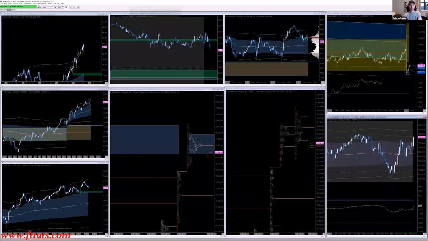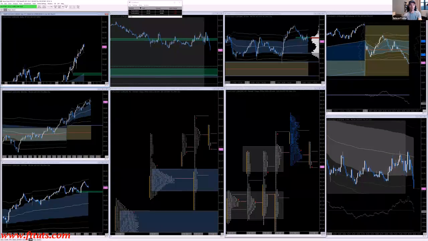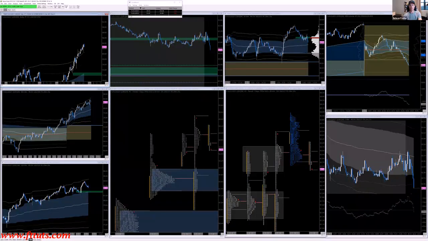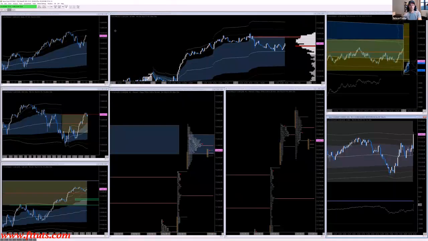Equities open, NASDAQ running up higher a bit. Crude still pressing lower, a lot lower. Shorted a little NASDAQ.